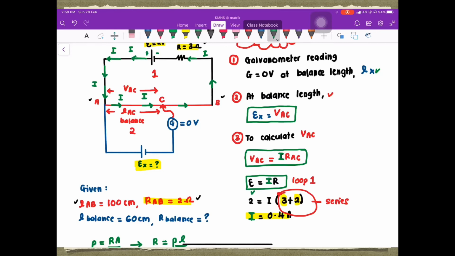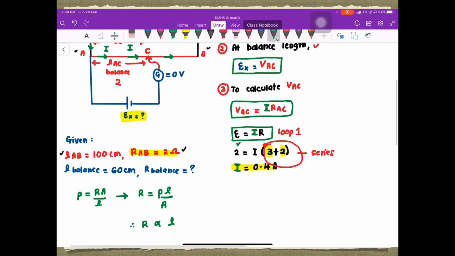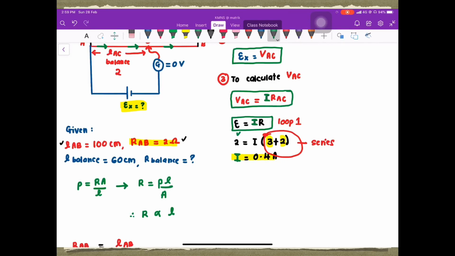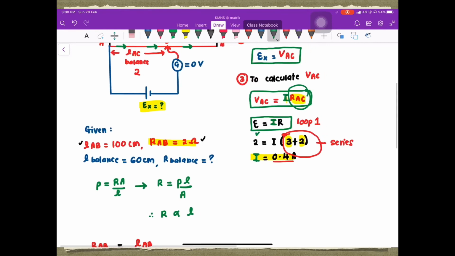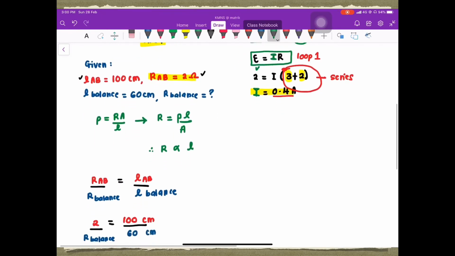After that, we need to determine VAC. The value of current here equals 0.4 ampere. But now we want to determine the value of RAC. How? Refer to this value.